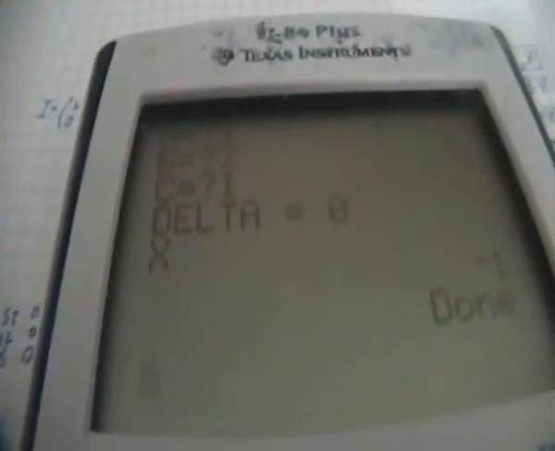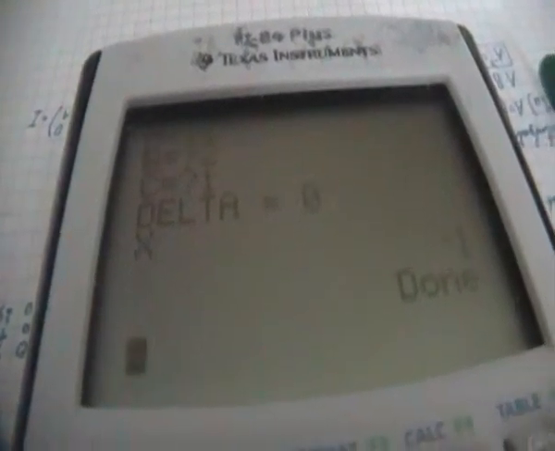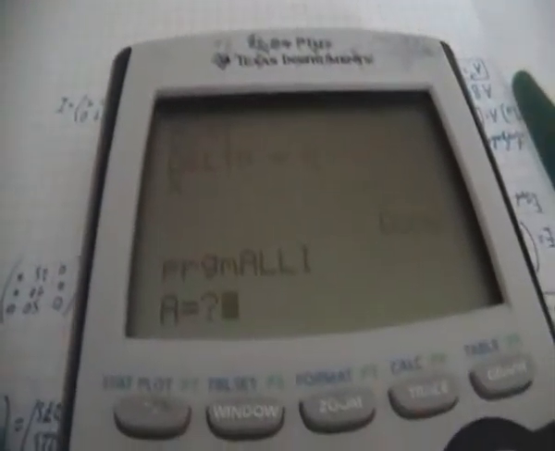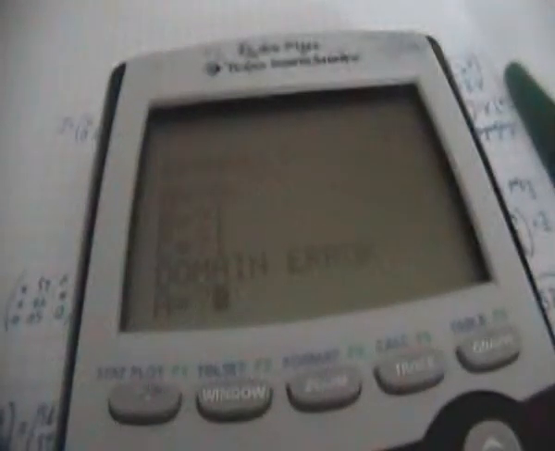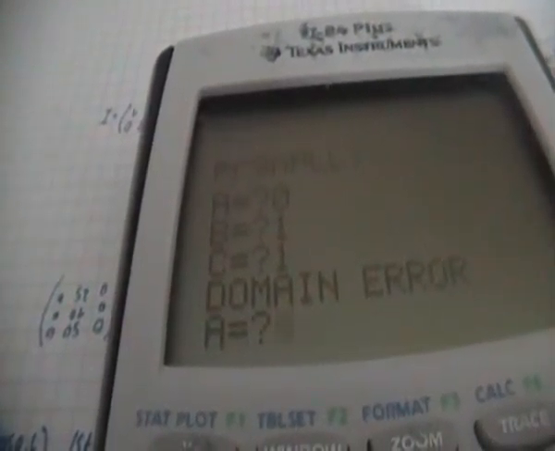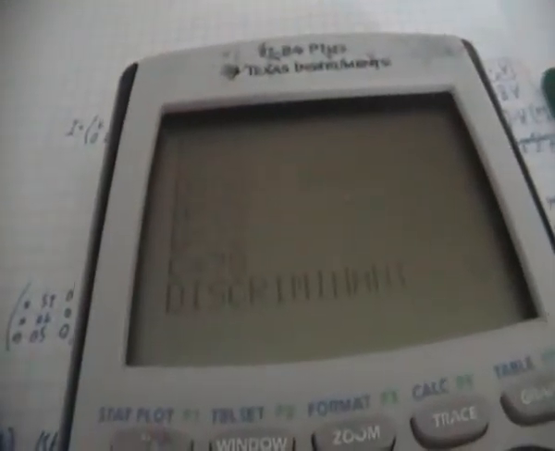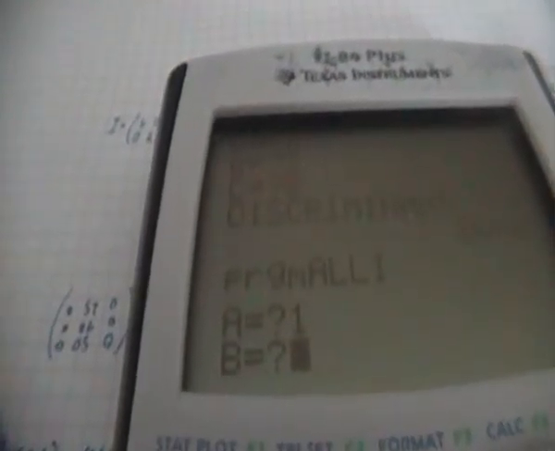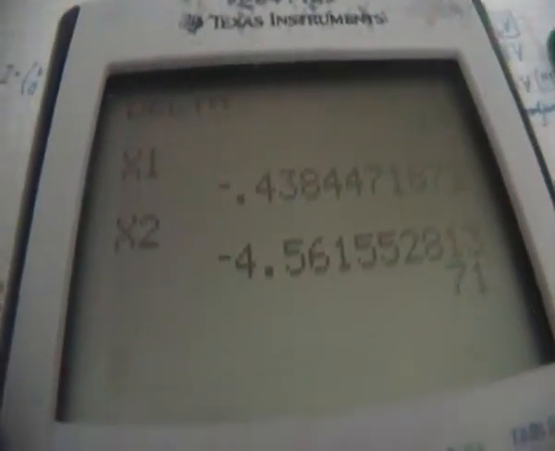If you have a=1, b=2, c=1, for example, you have delta 0 and x is minus 1. Or if you put 0, there's a domain error, because you can't divide by 0, so you can re-enter the numbers, and here it only gives the answers, delta.